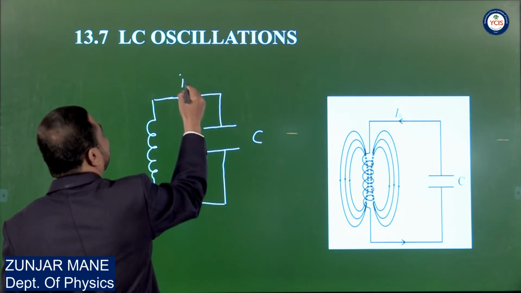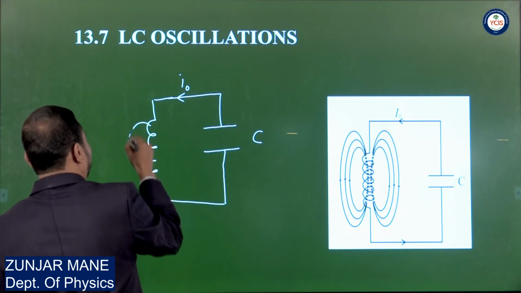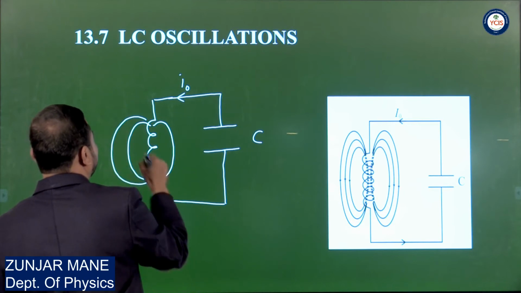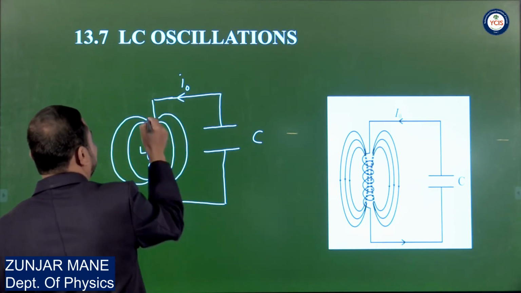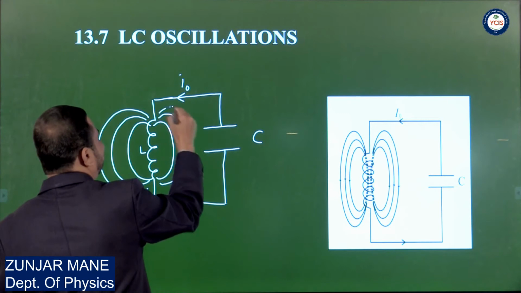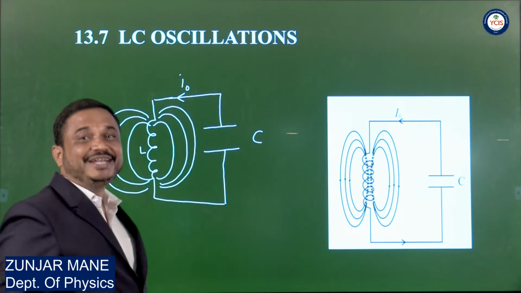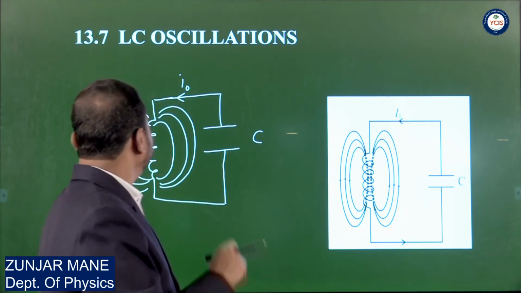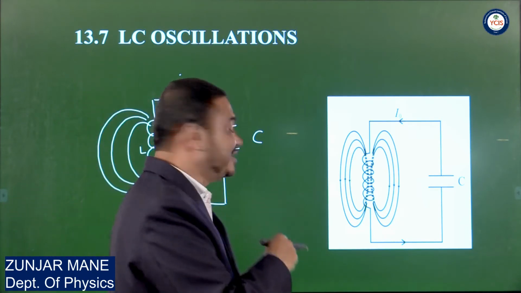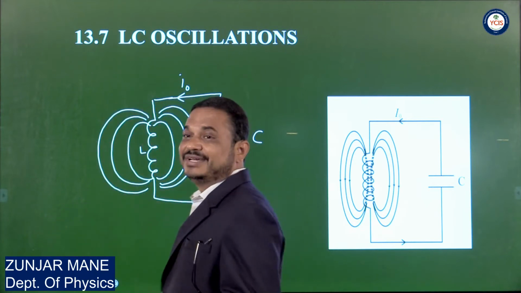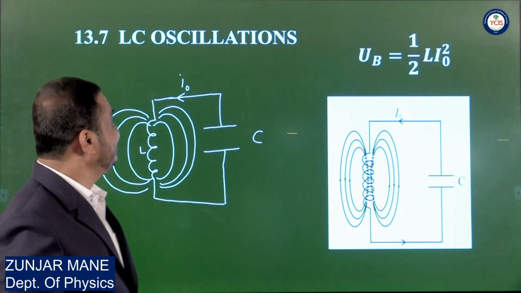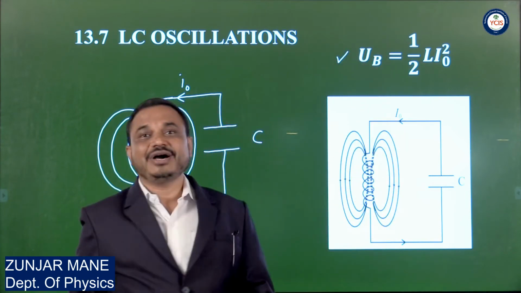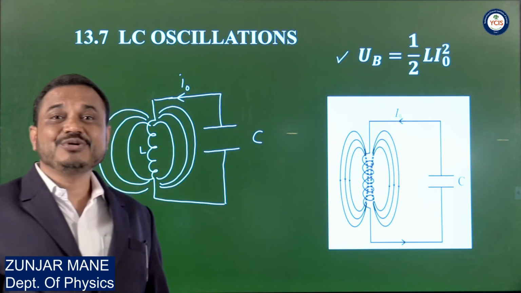Suppose that current is I0, so a magnetic field is developed across the inductor of inductance L. Here the complete electrostatic potential energy of the capacitor is transferred to the magnetic field energy of the inductor, given by U_B equal to half L I0 squared.